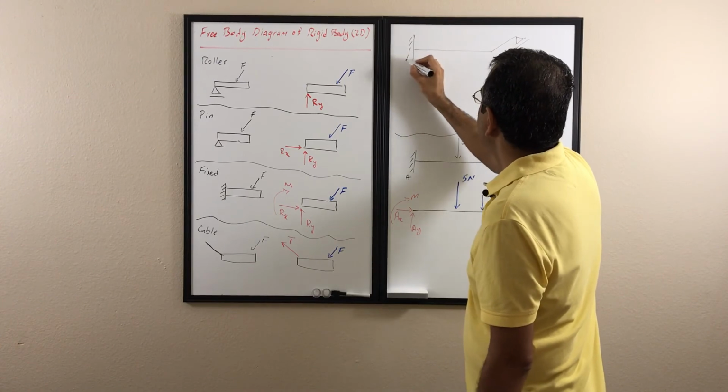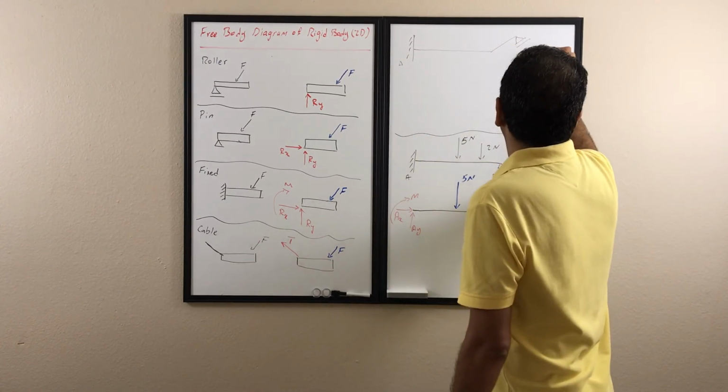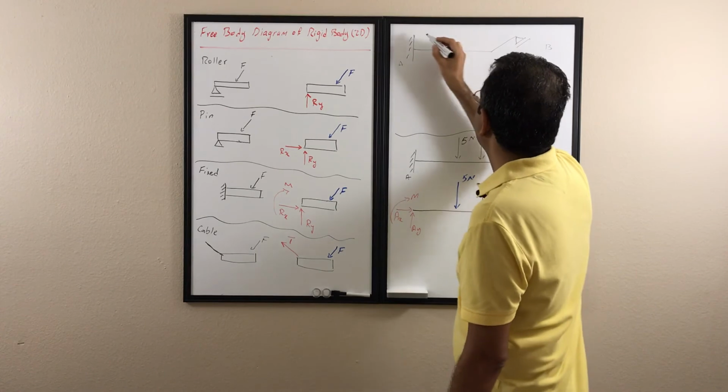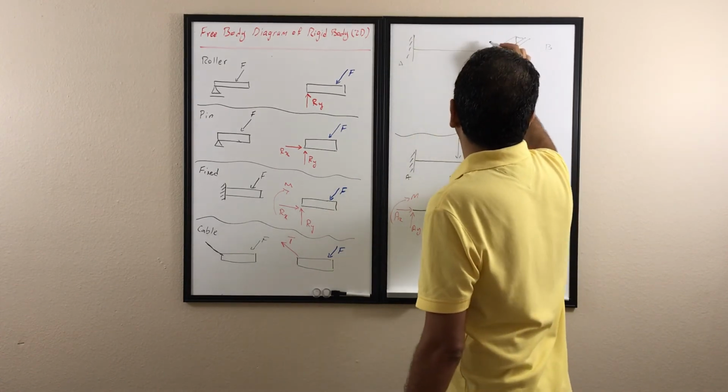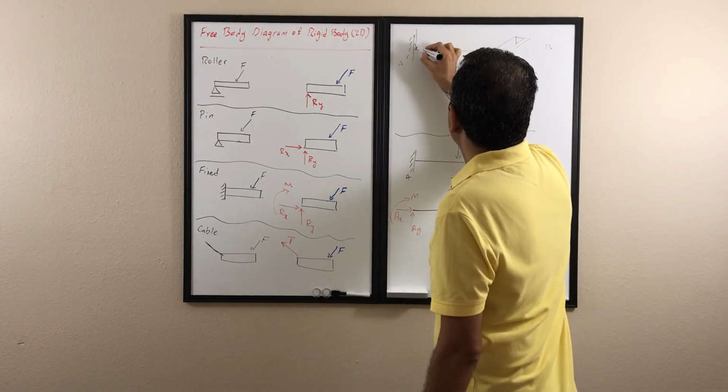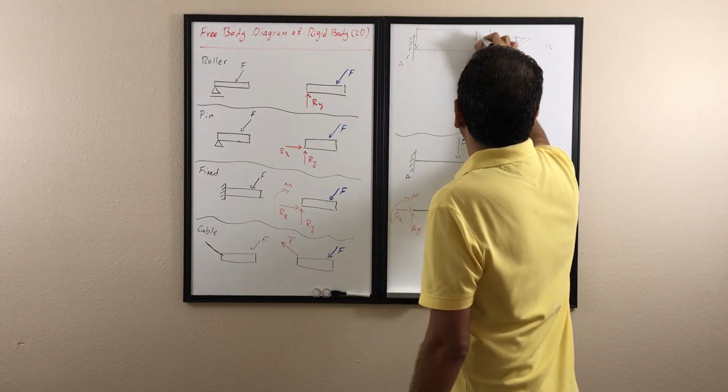So it's going to be A, B, and then assume I have, for example, a distributed load from here to here.